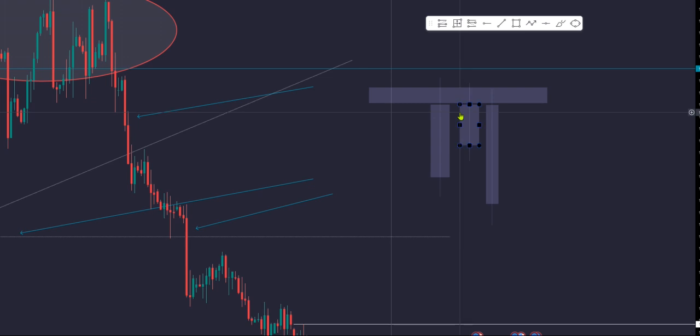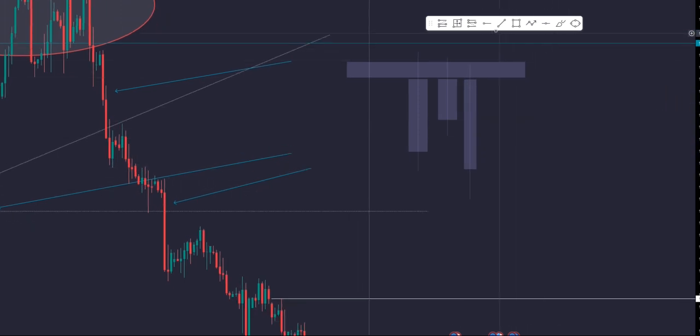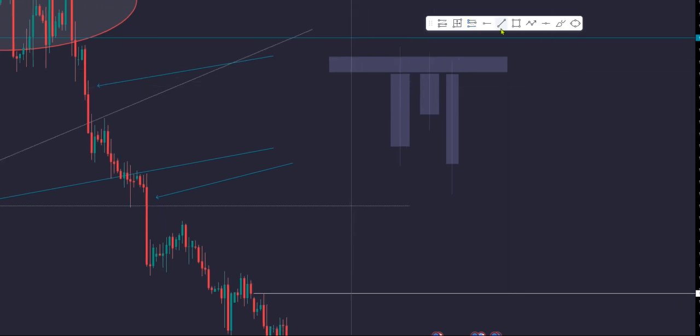For me the best one is when it engulfs the previous two candles, because it shows that the volume is there. The momentum has started to shift. So when it engulfs two previous candles and closes below, maybe right here, sometimes like this, it doesn't matter. But the most important thing is to engulf the previous two candles.